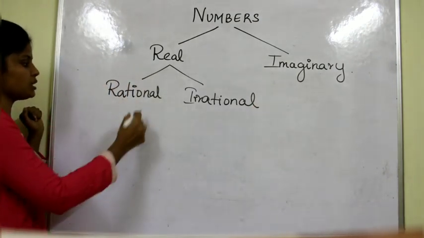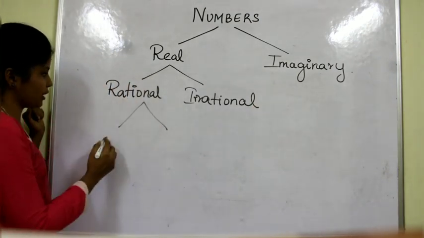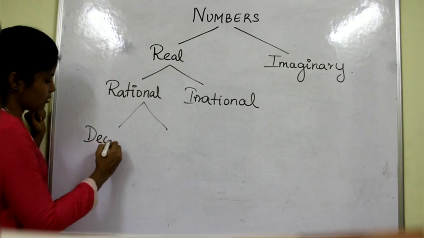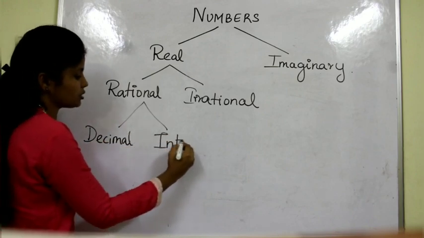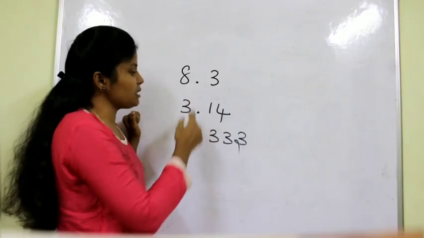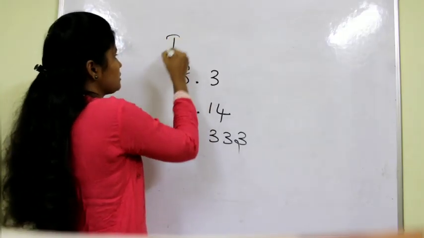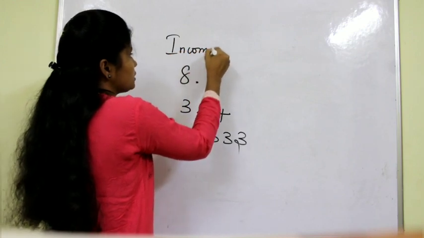And the rational numbers can further be classified into decimals and integers. Decimals are nothing but incomplete form of numbers.